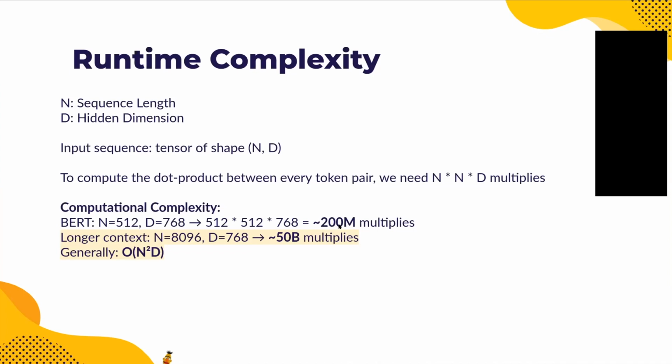That amounts to about 200 million multiplies. But if we look at a context length of 8,096, so about 16x longer, we now have 50 billion multiplies required to compute our attention matrix. And more generally, we have an operation that is big O of n squared d. And it's kind of worth noting that 8,096 really isn't that long in practice. Like, long books are hundreds of thousands of tokens. So we have quite a long way to go.